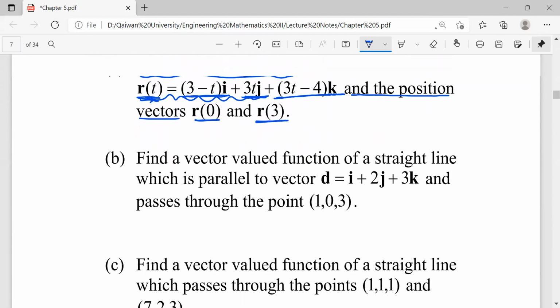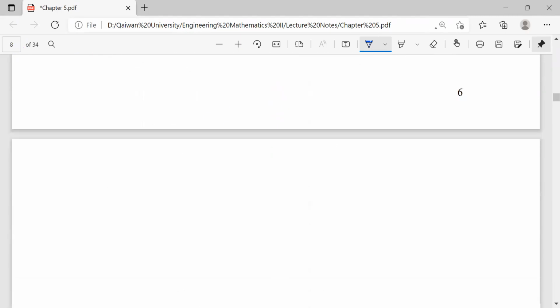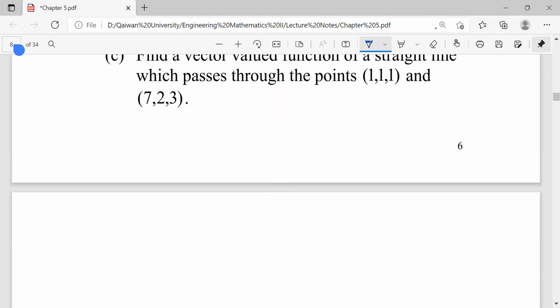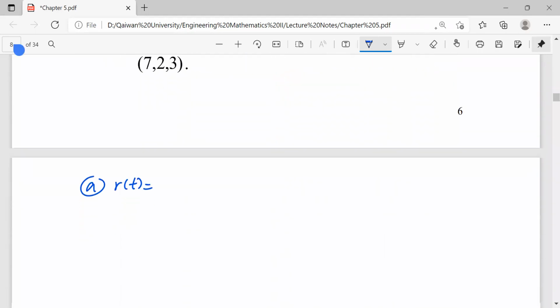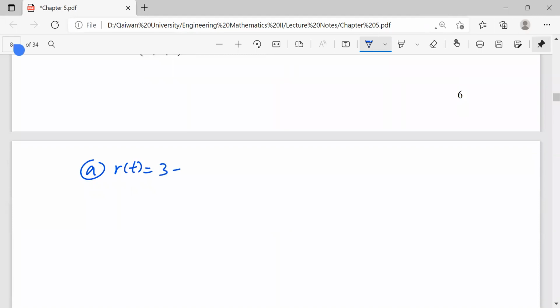Let's write it down. R of t equals (3 minus t) i plus 3t j plus (3t minus 4) k. And we need to find R of 0 and R of 3.